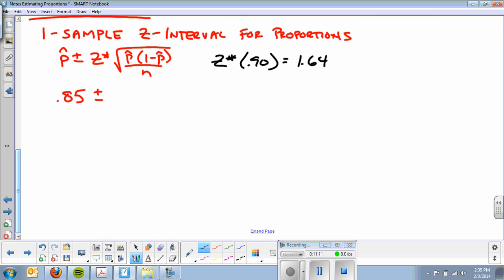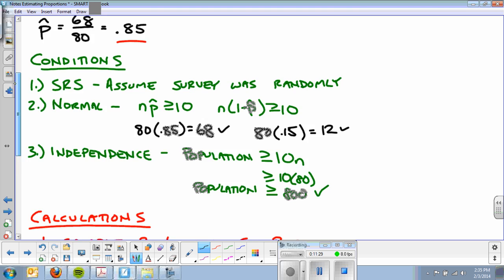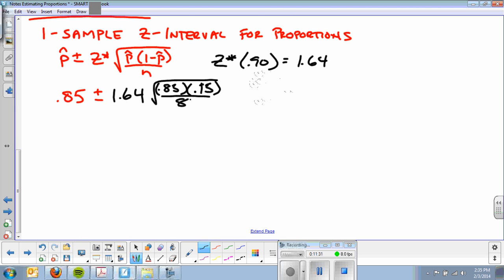Now, I'm going to plug it in here. 1.64 times the square root of p-hat 0.85 times 0.15, all that divided by n, which was my total in my sample, which we said was 80. And from this point, I'm just plugging and chugging in my calculator.